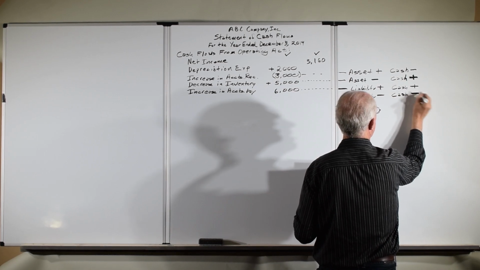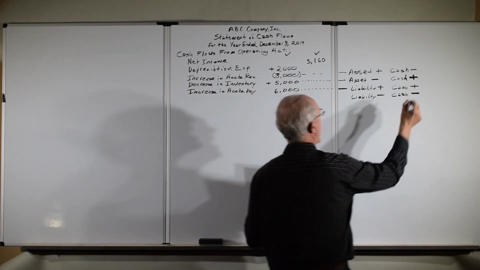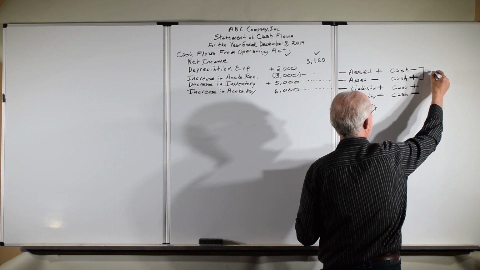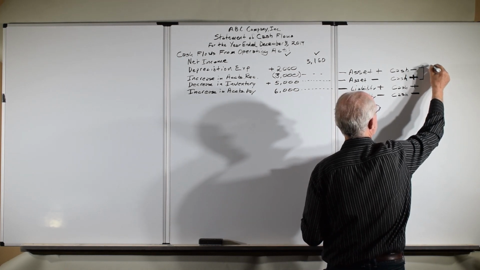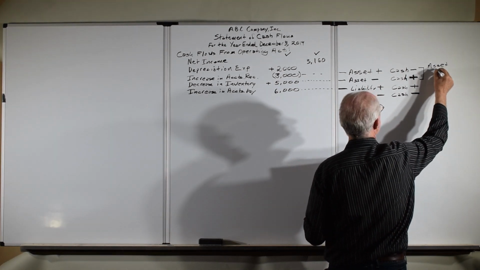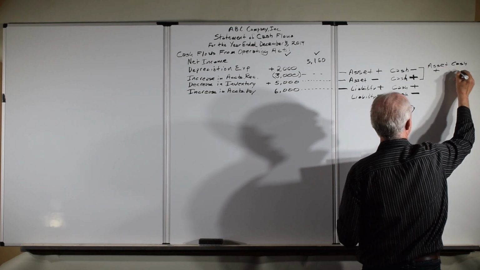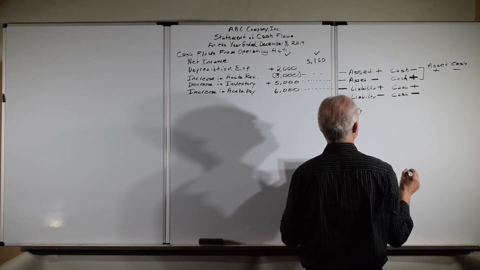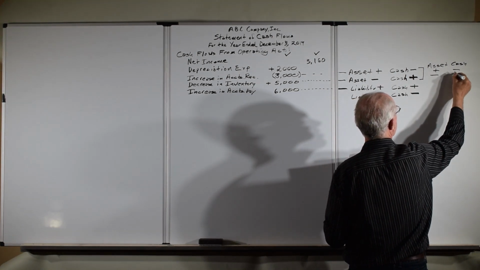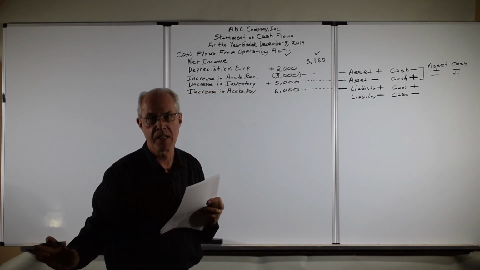So what we see here is that if an asset increases, cash decreases. On the other hand, if an asset decreases, cash is going to increase. Whatever happens to the asset, the opposite happens to cash.